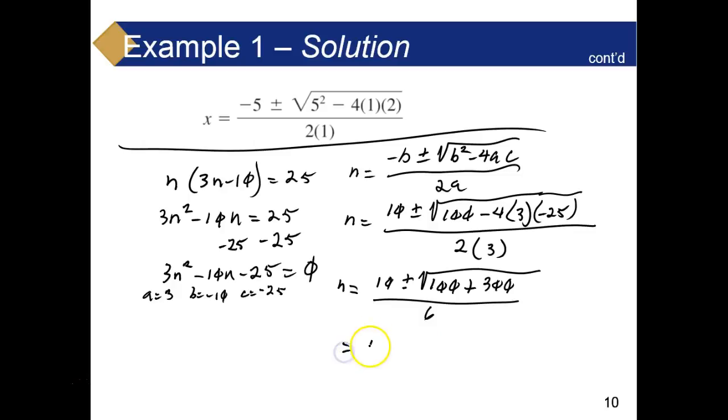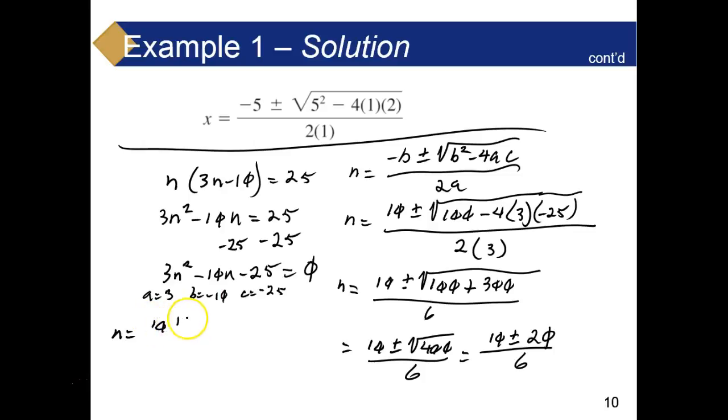So this is equal to 10 plus or minus the square root of 400 over 6, which is 10 plus or minus, anyone know the square root of 400? 20, very good, over 6, okay? I'm going to come over here to the side because I'm running out of room. n is equal to, give me the first one, 10 plus 20 over 6, which is 30 over 6, which is 5.